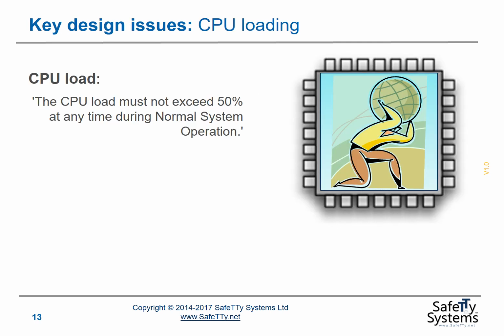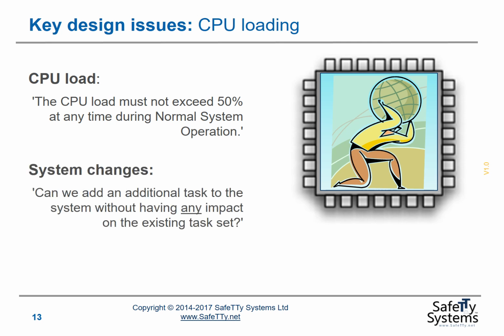So we talked about the importance of CPU load and typical requirements that the CPU load must not exceed a particular value, maybe a customer requirement. And we talked about the fact that when we have a model of the system, it's possible for us to determine whether we can add additional tasks to the system without it having an impact on other tasks.